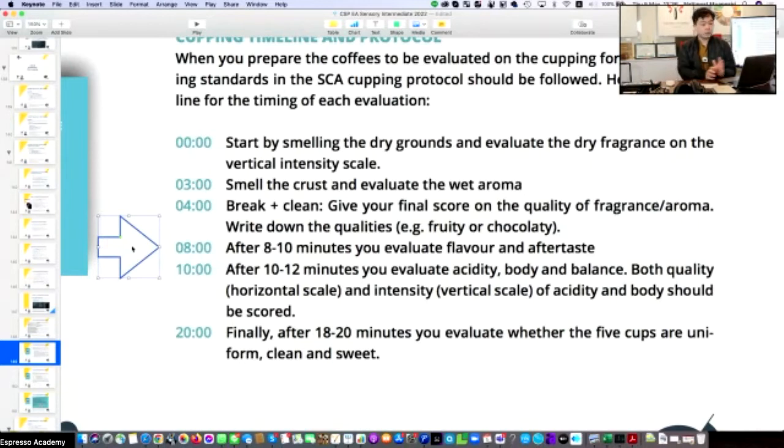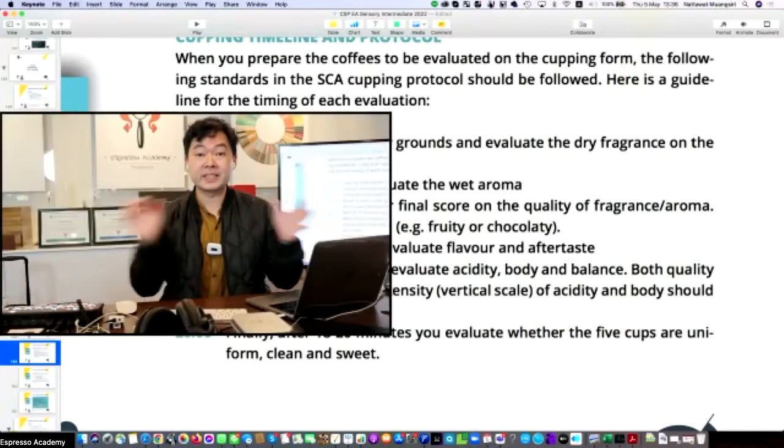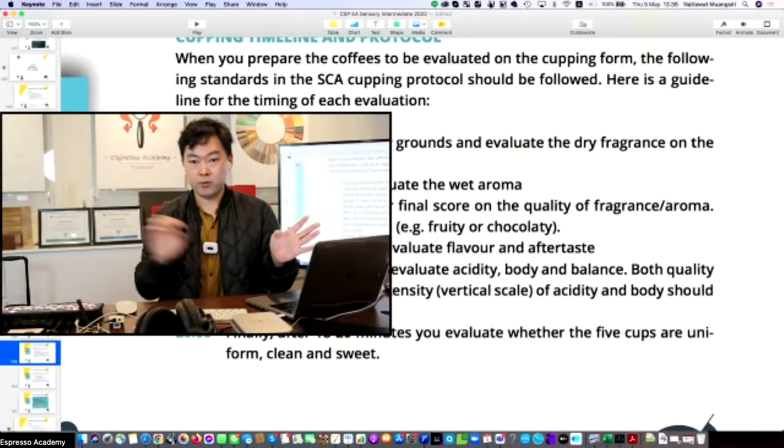So that's what we have to do. At 8 to 10 minutes, what you do is flavor and aftertaste. At 10 minutes, that means you walk back another round. As you can see, they have like 2 minutes per two attributes per round. So if you calculate the time, now you have 6 samples, 1, 2, 3, 4, 5, 6.